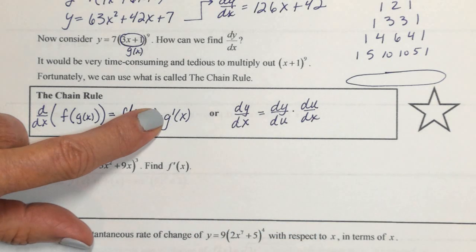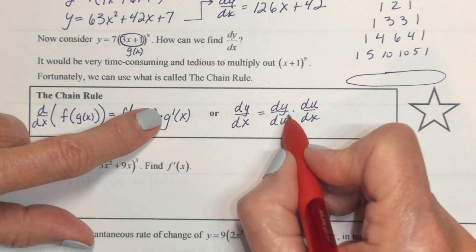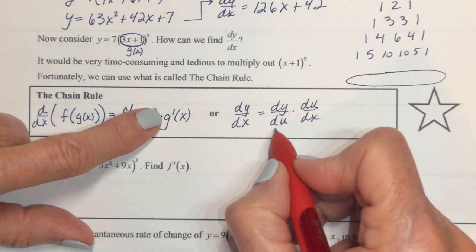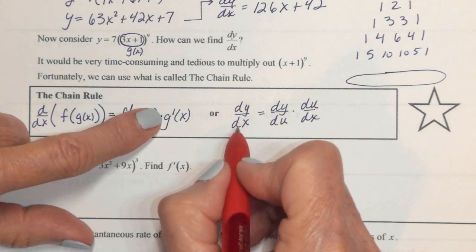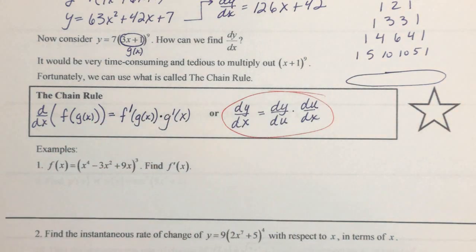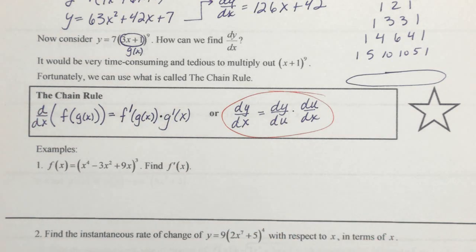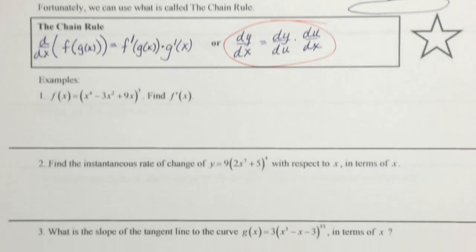Okay, look what Leibniz's notation does. When we multiply, these du's look like they're canceling, and it looks like we're getting dy dx. Leibniz's notation is very convenient for things like that. Either way we think of it, we need to kind of know both, but either way, this is the chain rule.